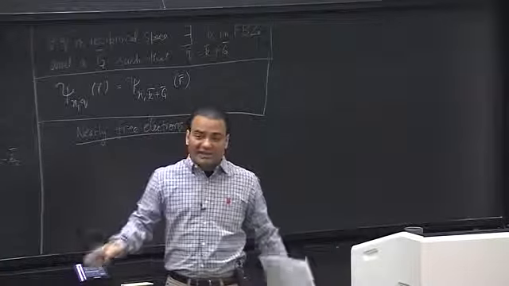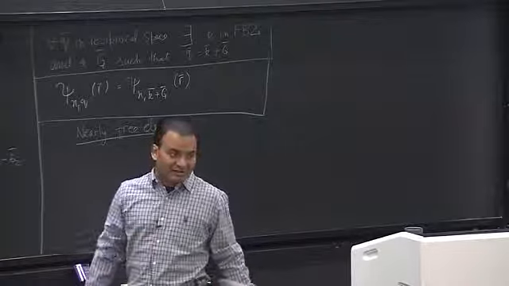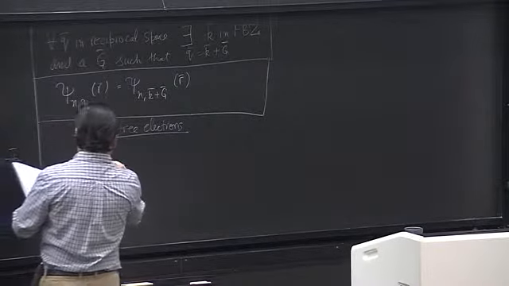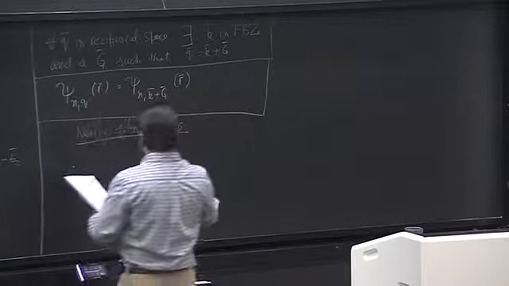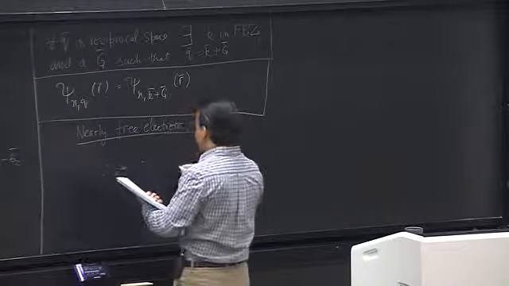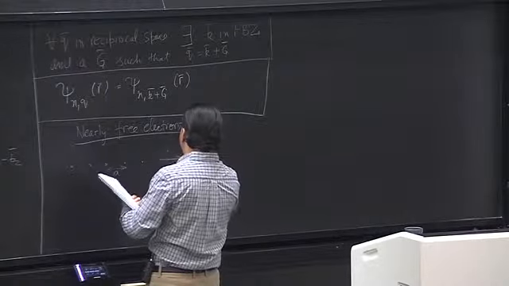And for simplicity, let's just assume that we have a one-dimensional lattice. So this is a one-dimensional system. The distance between these two points is a. So this is along x.